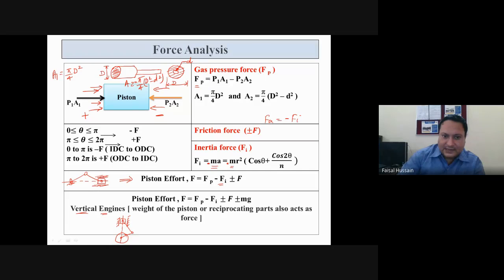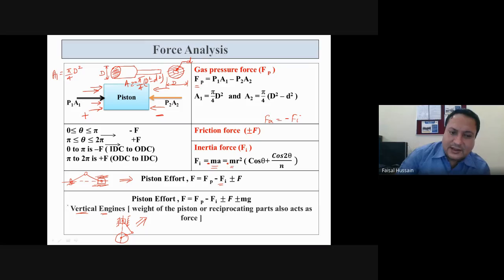F equals Fp is included, minus Fi is included, plus or minus F is included, and plus or minus mg. Why plus or minus mg?